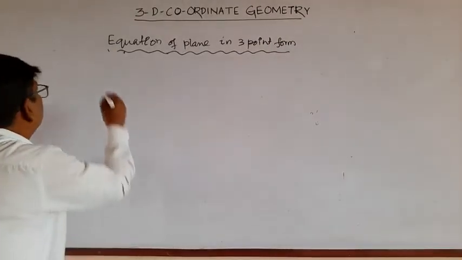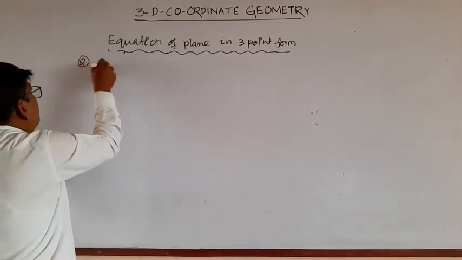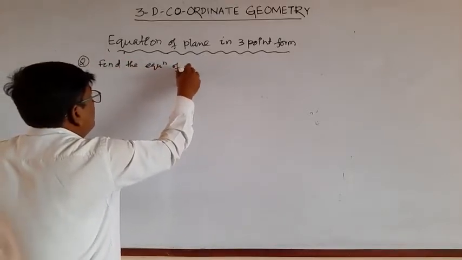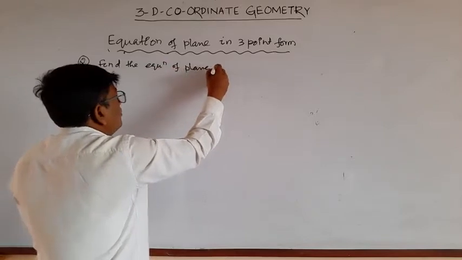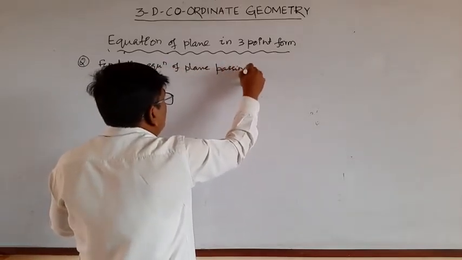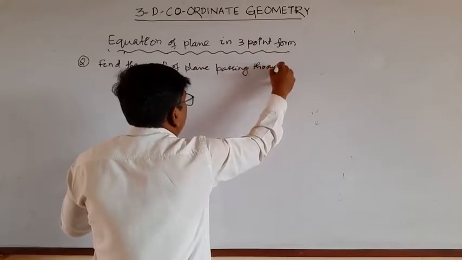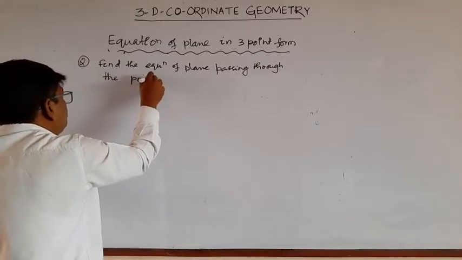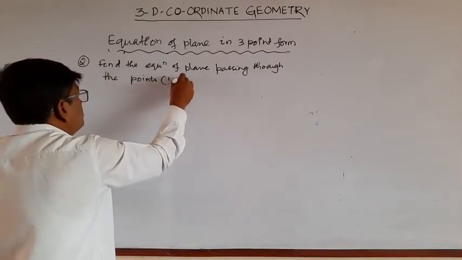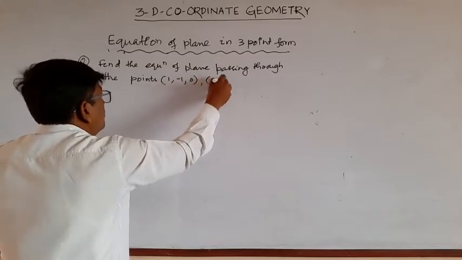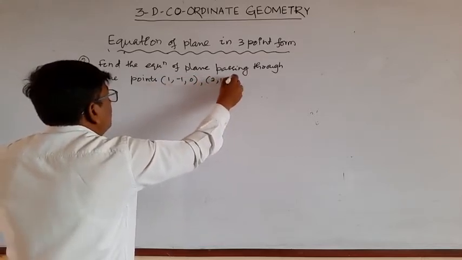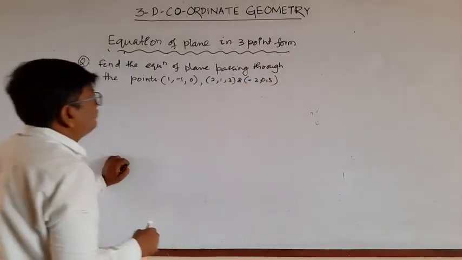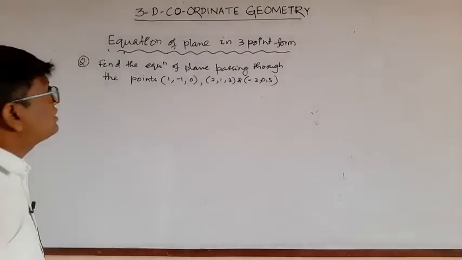Question: find the equation of plane passing through the points 1, minus 1, 0; 2, 1, 3; and minus 2, 0, 5. This is the question. Solution.